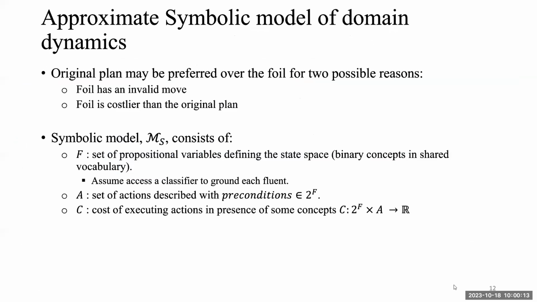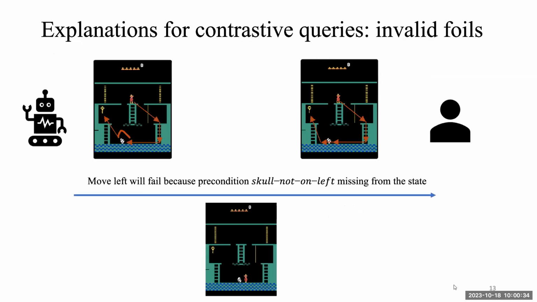One was to prove that the foil plan being suggested by the user has an invalid move. That could be a move that is not executable in the state where the user wants the agent to take that action, or it is violating some hard safety constraint of the environment. For example, this is one of those foils the user suggested. This is the original plan where the agent said, I'll go over the skull.